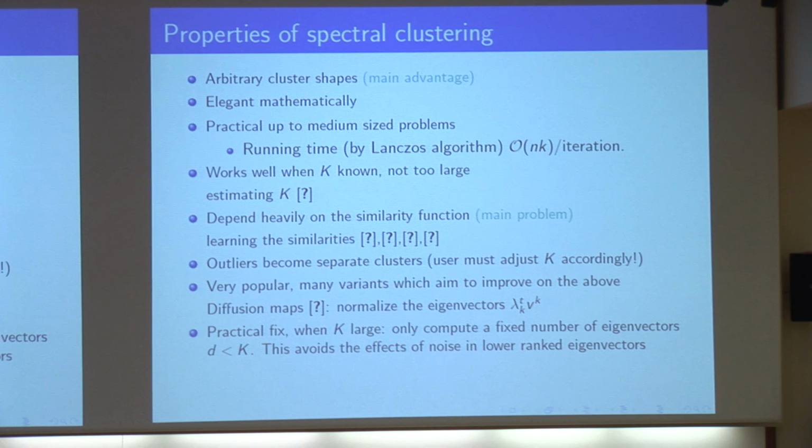Of course, the downside is that you need to know k. And if you don't know k and you overestimate k, then you get extra dimensions that are irrelevant. So it goes completely wrong if you don't know k. So my recommendation is that if you are not sure what k is, or k is large, try to underestimate k.